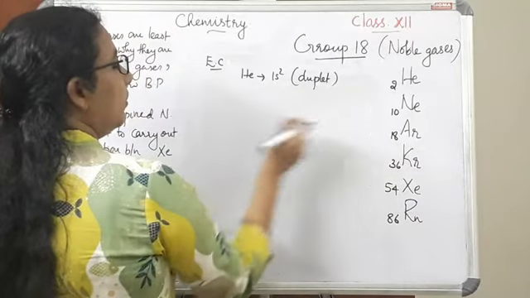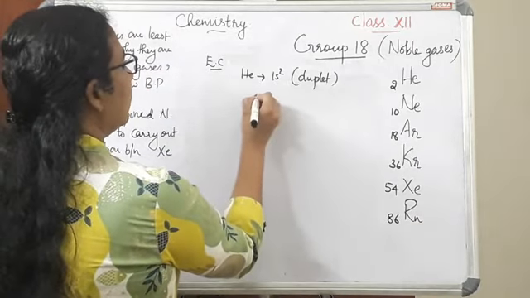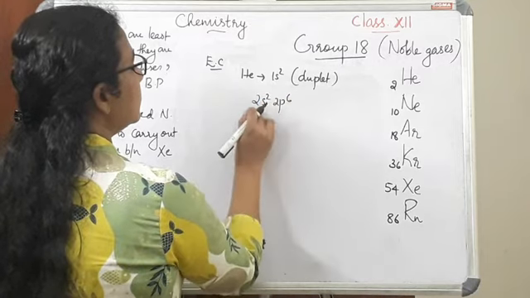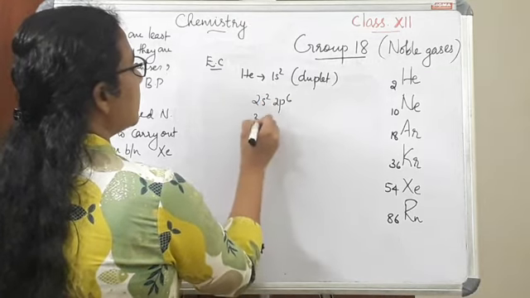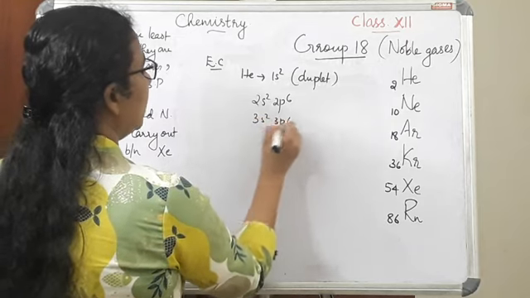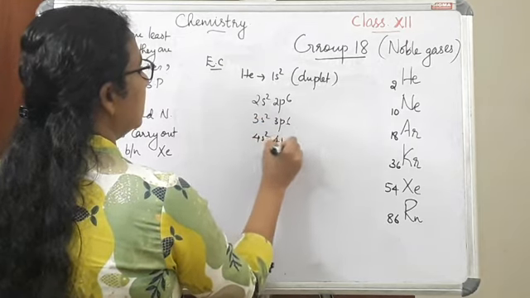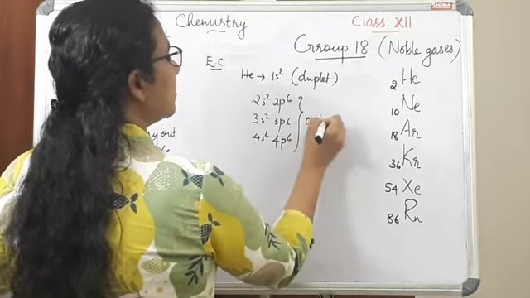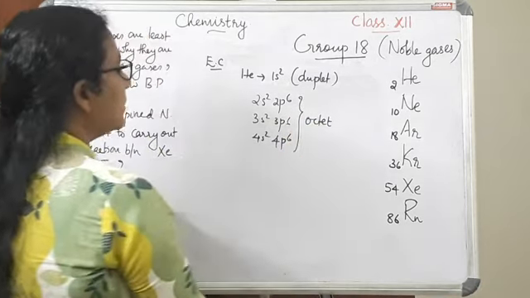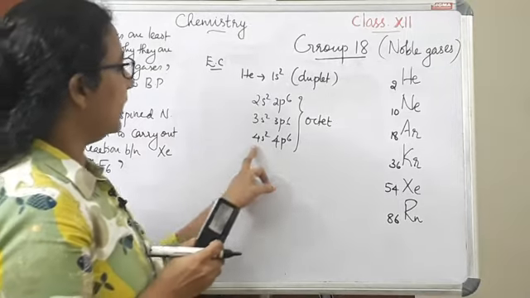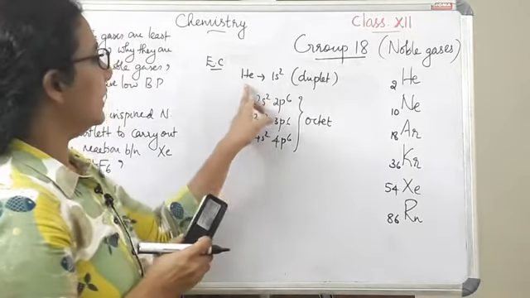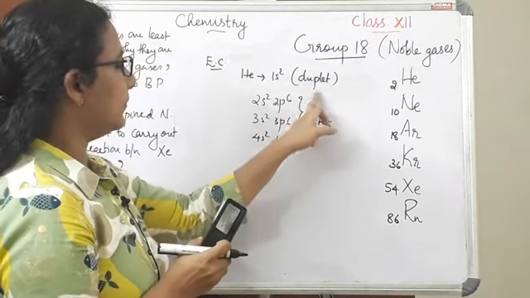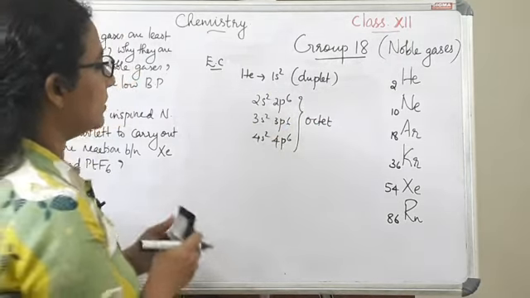From neon, the outer shell configuration is 2s2 2p6, then 3s2 3p6, 4s2 4p6, like that. So there is an octet configuration for the other elements except helium. Helium is an exception, having a 1s2 duplet configuration.